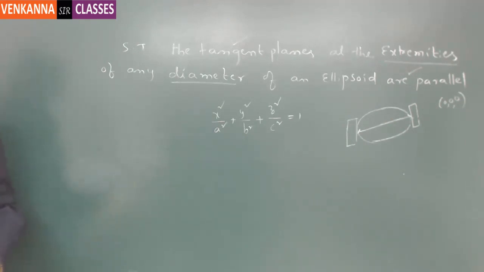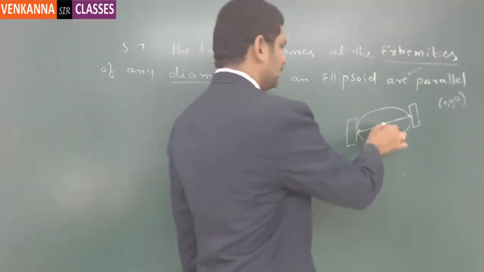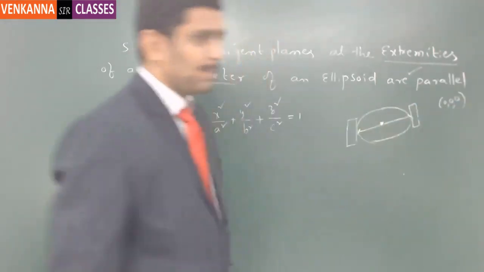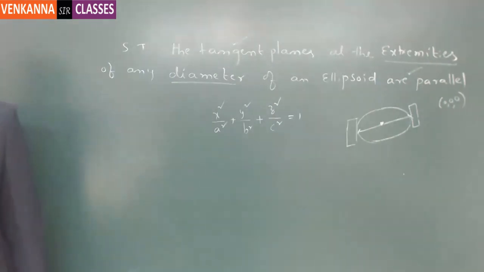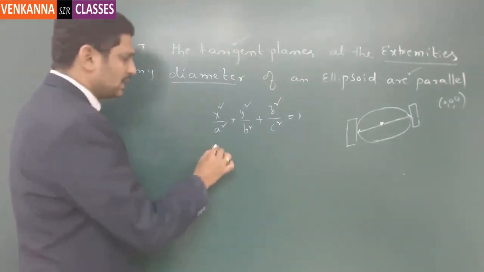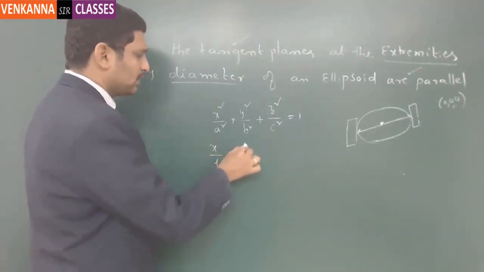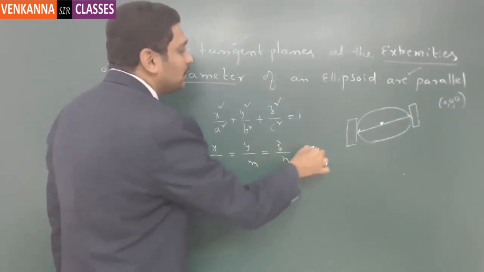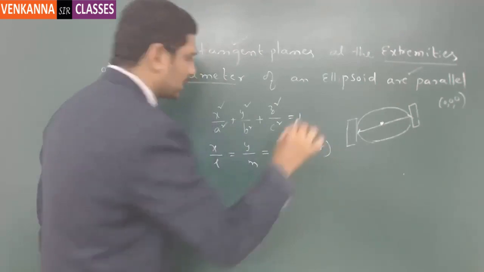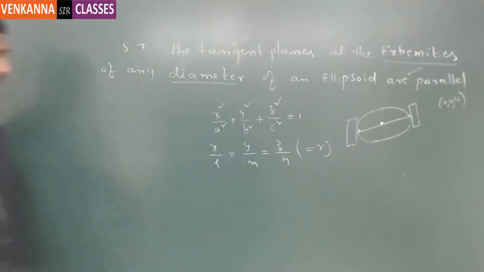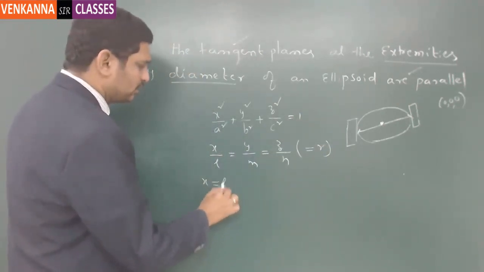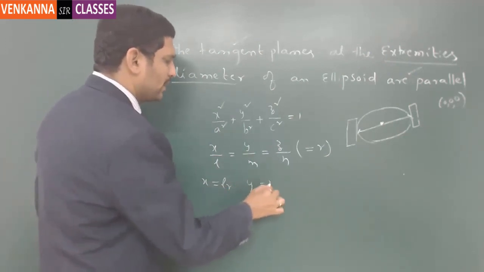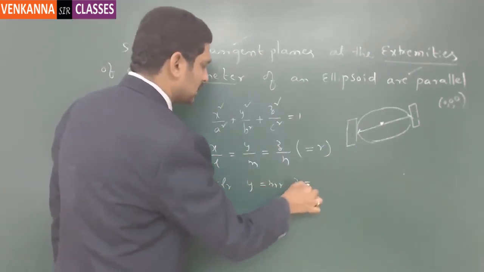Now, if you consider the line passing through the center and perpendicular to the tangent plane, it is nothing but x by l is equal to y by m is equal to z by n. You can take the parametric form r. So it is nothing but x equal to lr, y equal to mr, z equal to nr.